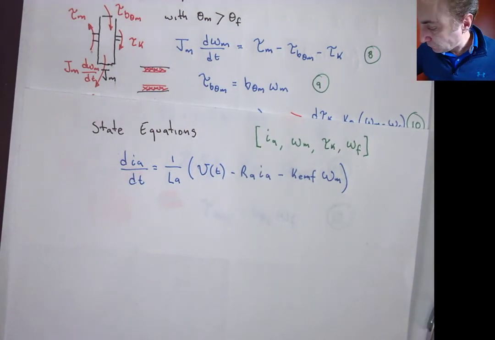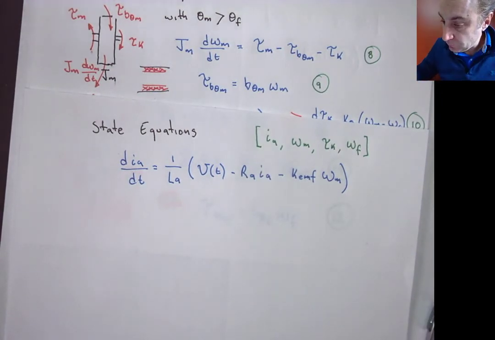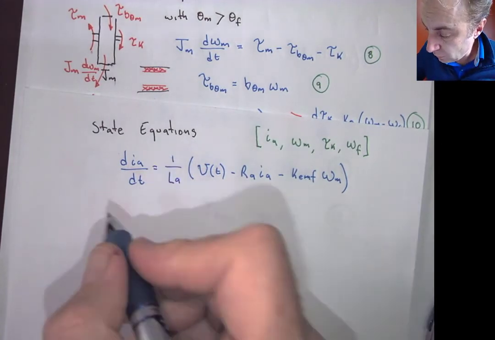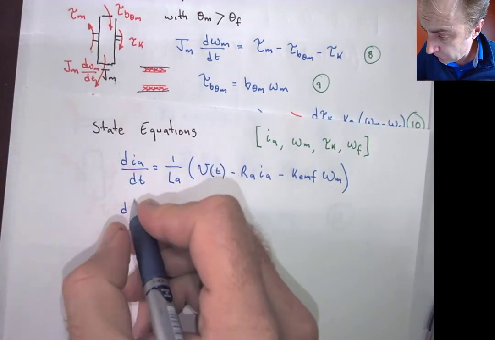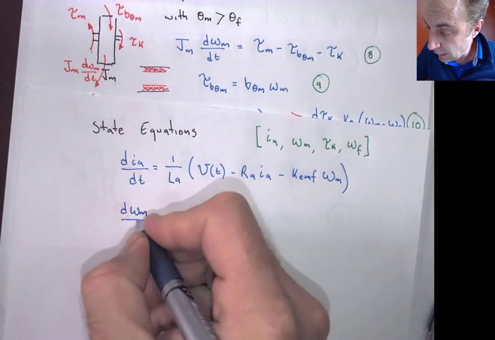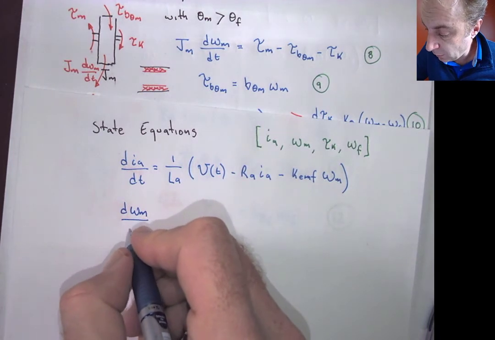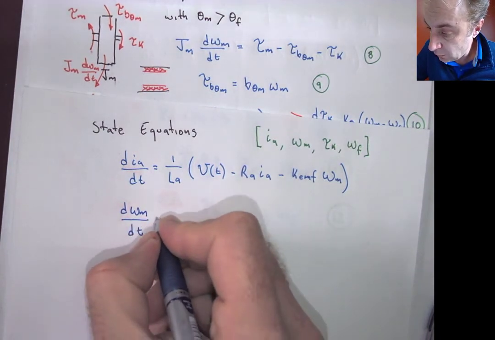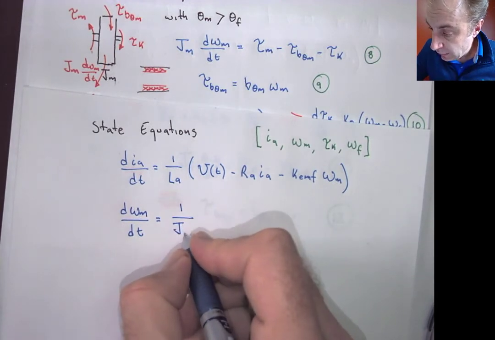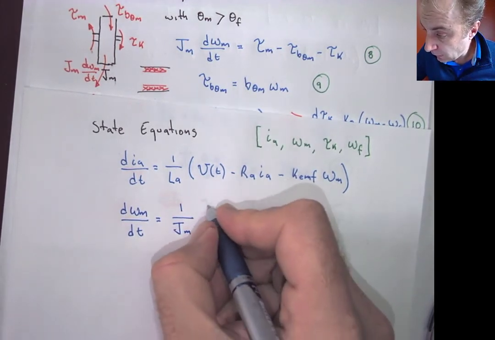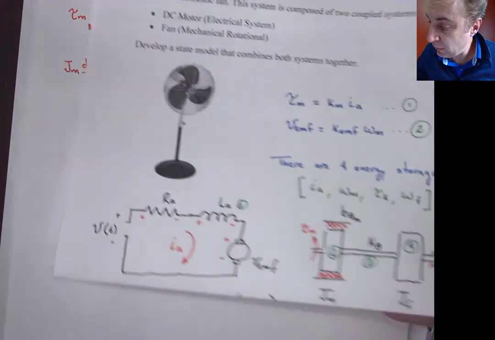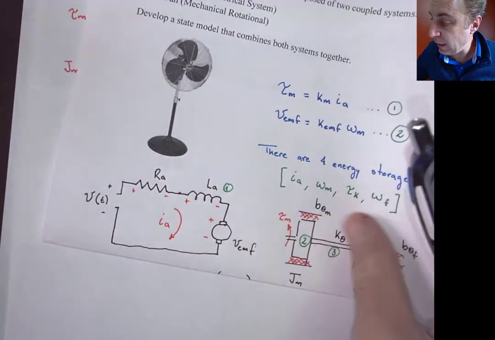Okay, so the time derivative of the angular velocity is going to be equal to 1 over m that multiplies tau m, and again tau m is km IA.